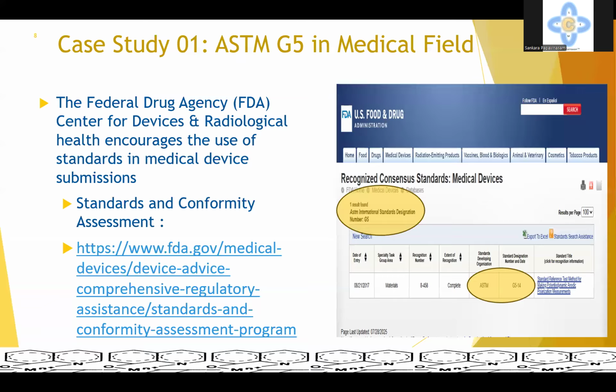Before you submit a device to be used in the health field, those technologies, whether it is a material or operation or a device, must be evaluated based on published standards. And the FDA gives a list of standards, and again, it is open to the public in the US. And again, note that ASTM G5 is recognized.